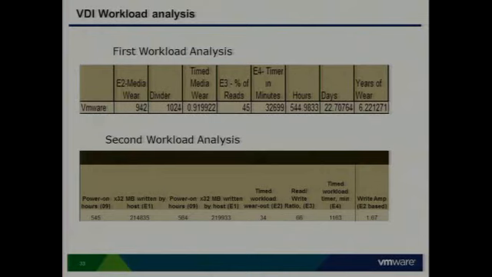Also, another number I would like you to take a look at is write amplification. It's 1.67. These two numbers are correlated, because when you have a bigger write amplification number, you have less durability and years of wear.